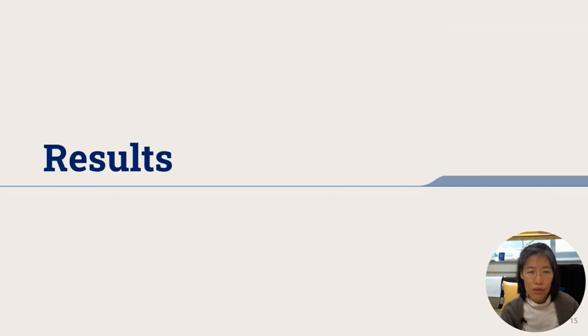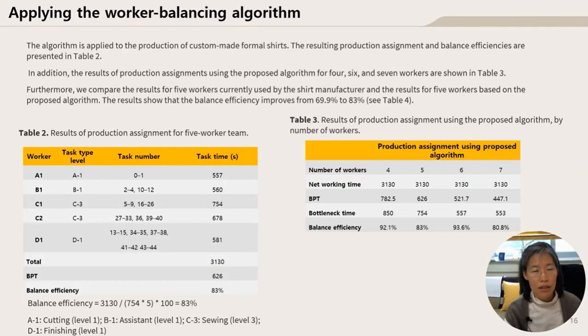Now let's turn to the results. In this study, the algorithm is applied to the production of custom-made formal shirts. The resulting production assignment and balance efficiencies are presented in Table 2. In addition, the results of production assignment using the proposed algorithm for 4, 6, and 7 workers are shown in Table 3.